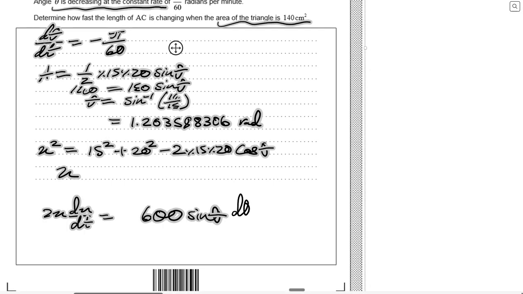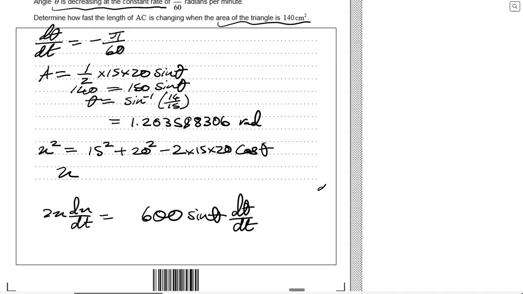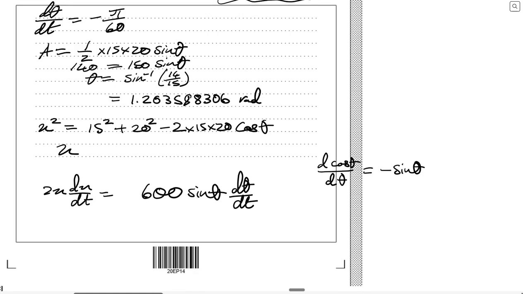right? And then d theta dt. Hopefully you guys know what I just did there. So d cos theta dt is just negative sine theta, right? So that's what we did.